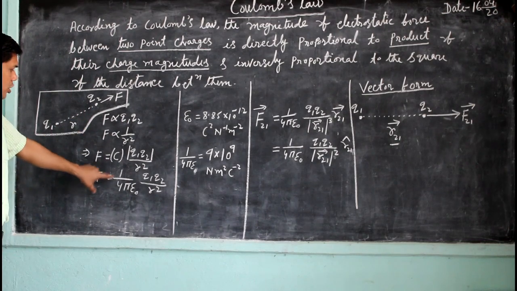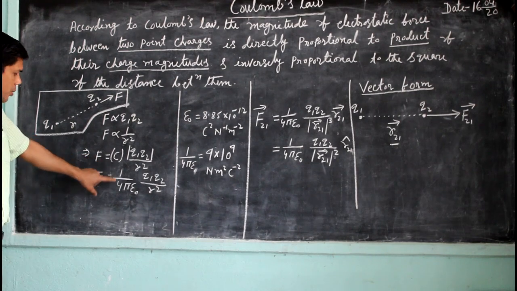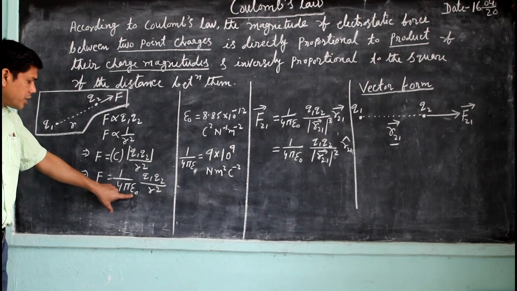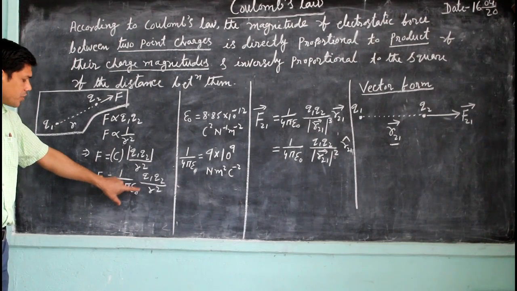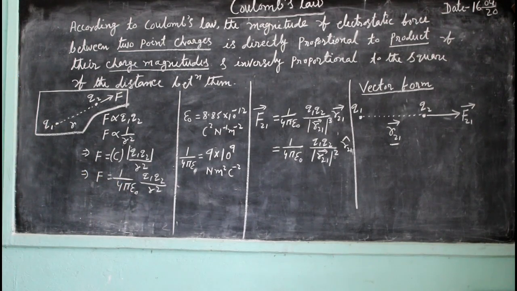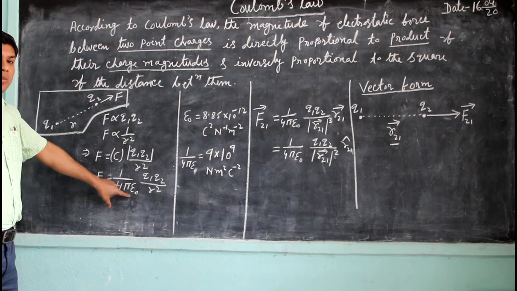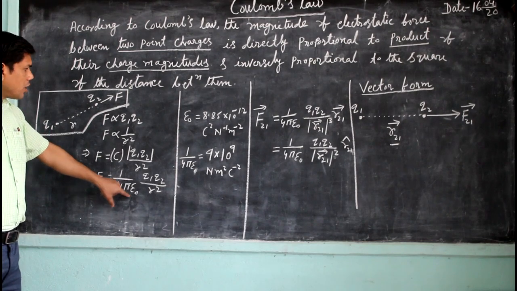Now, experimentally it has been found that the value of this constant is 1 by 4 pi epsilon naught. This is a new quantity for you. This is called epsilon naught, read as epsilon naught. This depends on the medium. Epsilon naught is basically the absolute permittivity of free space or vacuum.